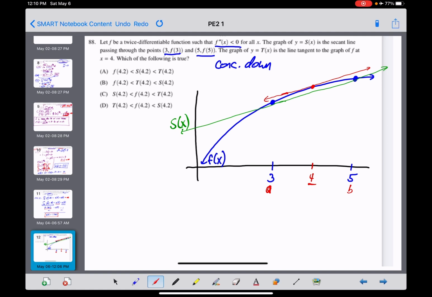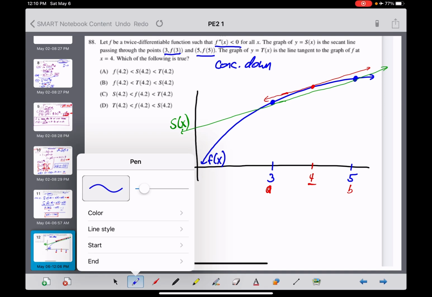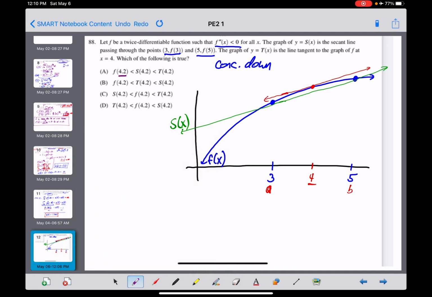But the important thing to note here, guys, is that everything they're asking us to consider isn't what happens at x equals 4, but rather at x equals 4.2, which is a little bit to the right of that red point we just came up with. So if I were to go up to 4.2, in fact, let me draw a dashed vertical line here at 4.2, I think I can tell what I need to tell.